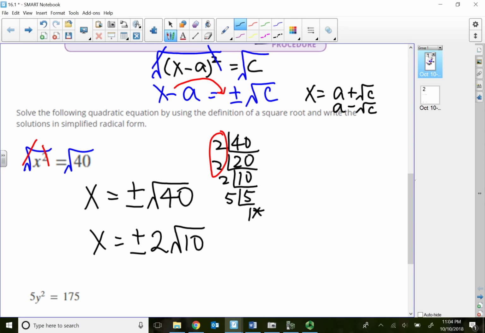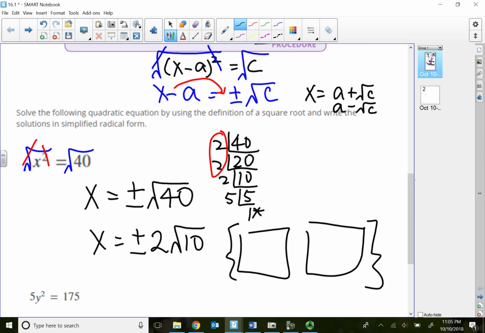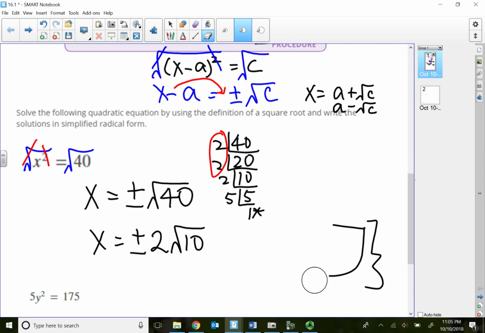When we enter our answer, sometimes it will ask us to put them in 2 boxes, okay? The 2 boxes indicate I got 2 different answers, and you might also see a little brace on the outside of the box. What that indicates is we will write our answer in set notation.